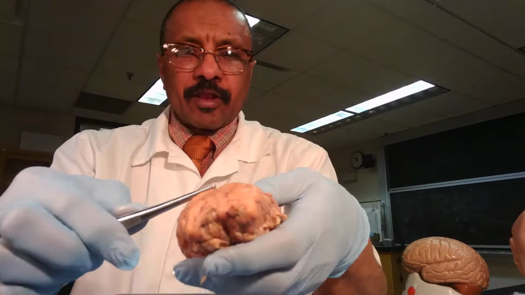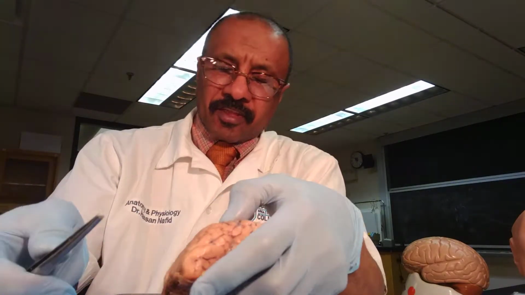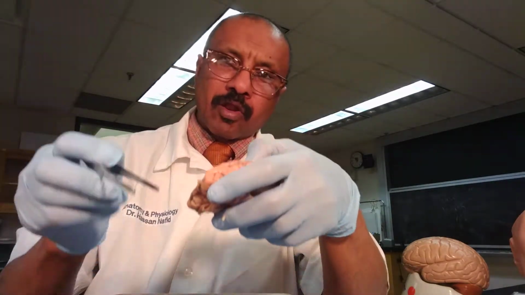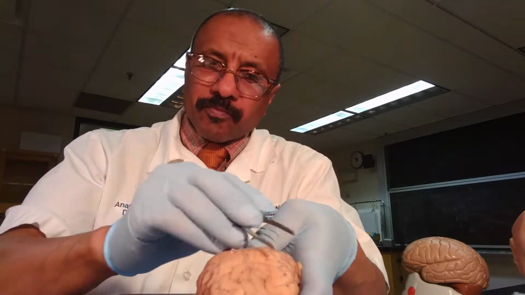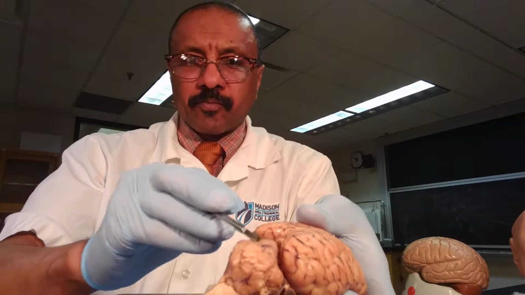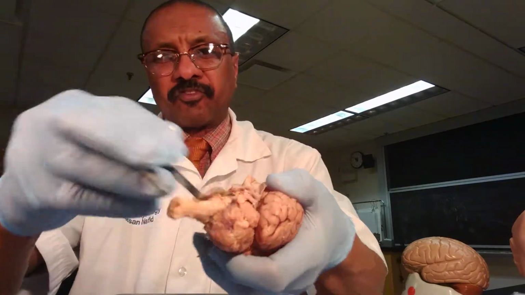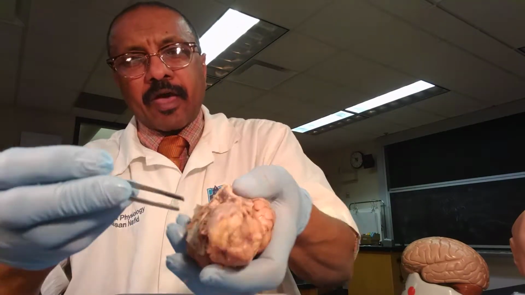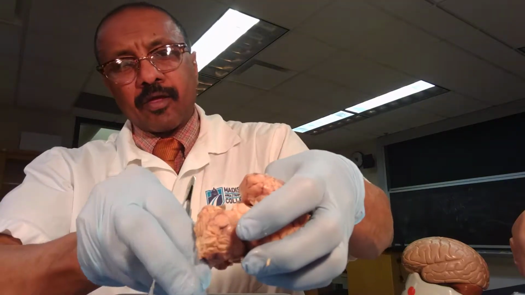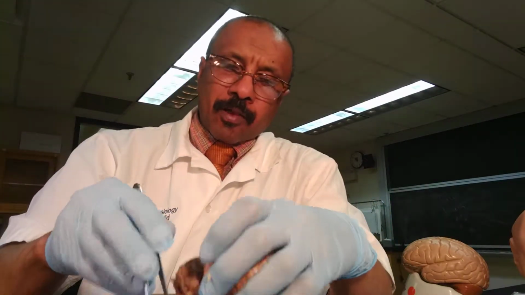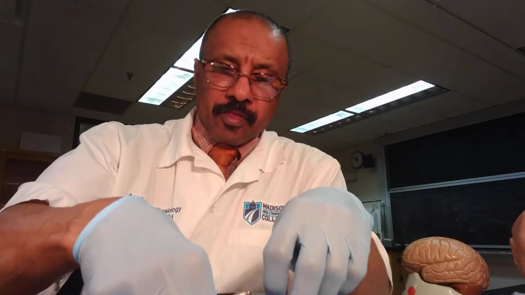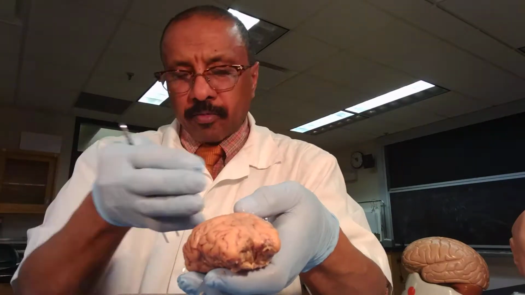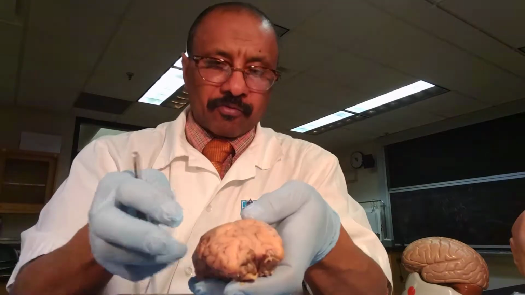Also, the brain of the sheep is divided just like the human brain into four major parts: the cerebrum, the cerebellum, the brain stem, and the diencephalon, the part that you're going to see when we dissect and open the brain into two hemispheres or two equal halves.